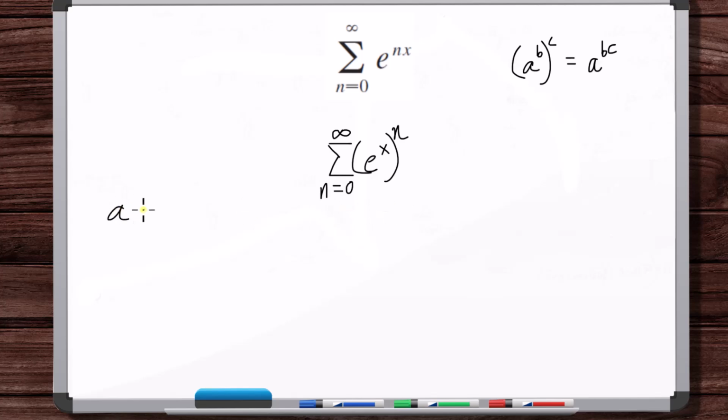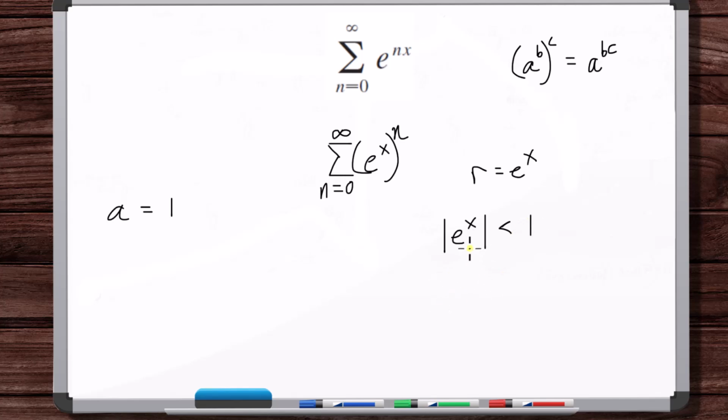The first term is n equal to 0, so the first term is 1. The common ratio is e to the x, and so the absolute value of e to the x needs to be less than 1.